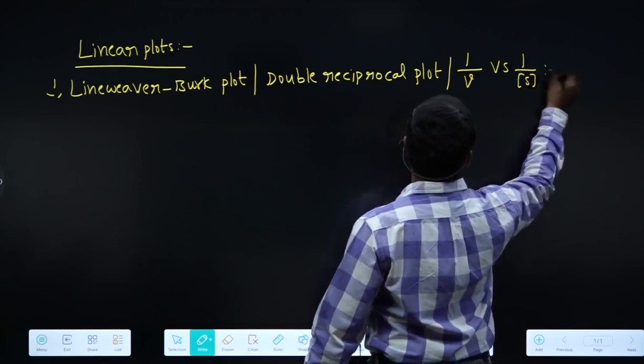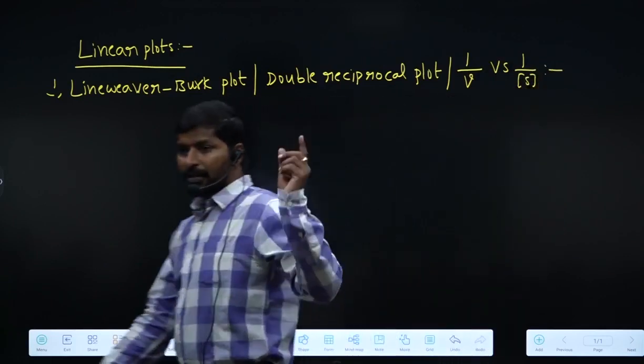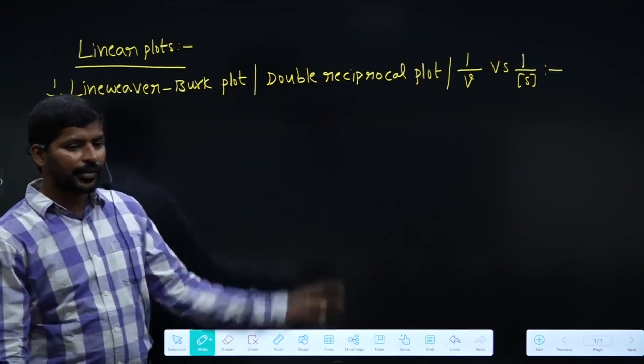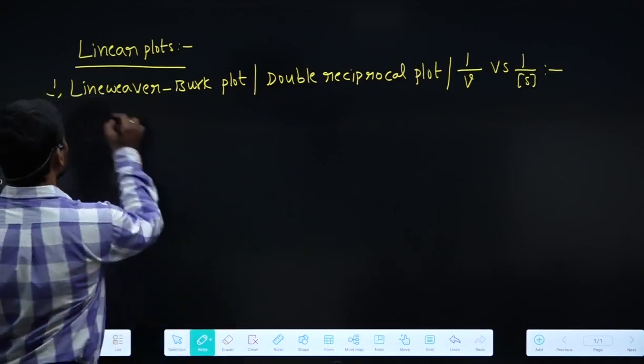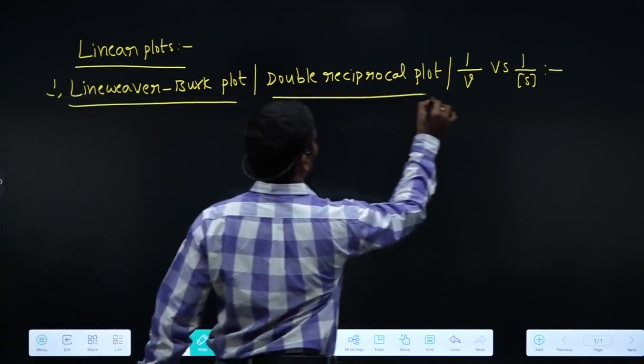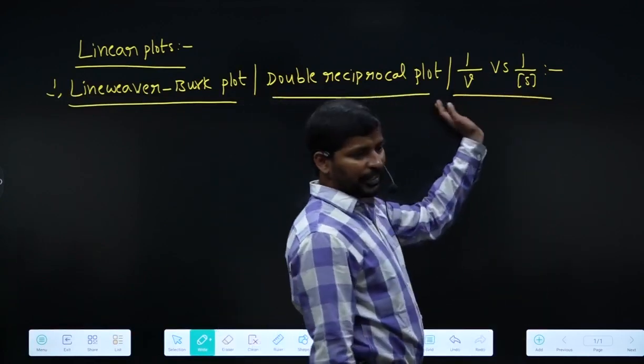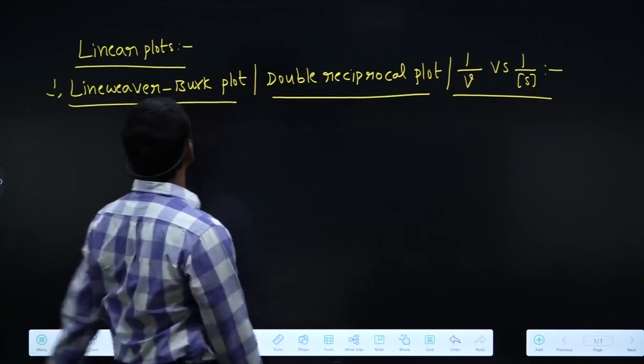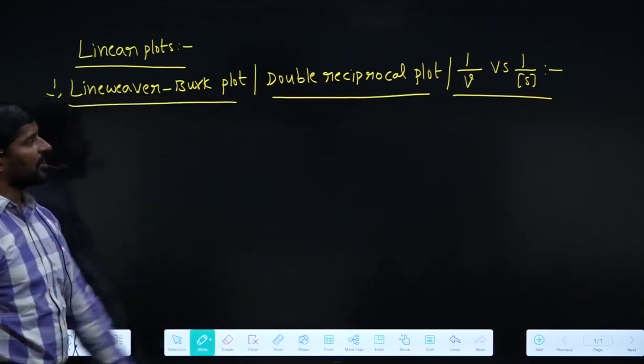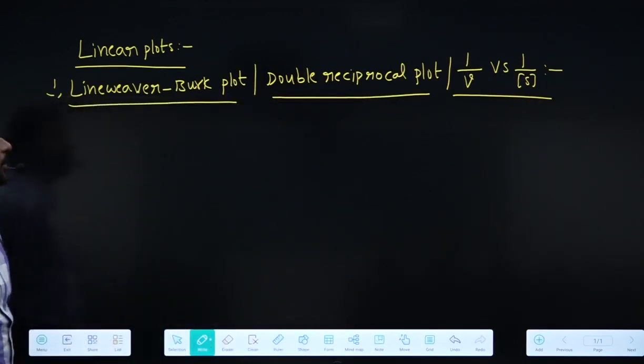The graph is 1 by V versus 1 by S. If you take initial concentration, we indicate 1 by S naught and 1 by V naught. So it is the Lineweaver-Burk plot, or double reciprocal plot, or 1 by V versus 1 by S plot.